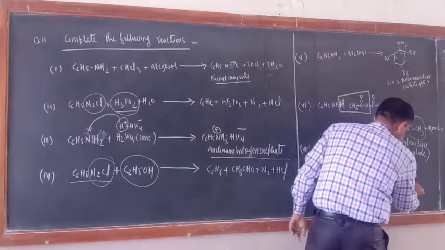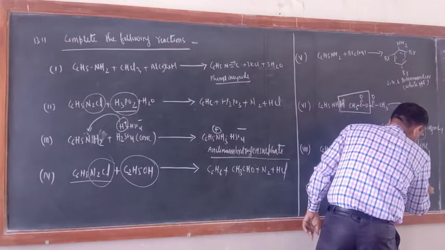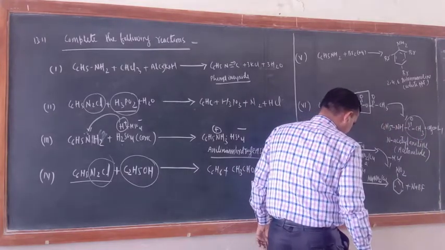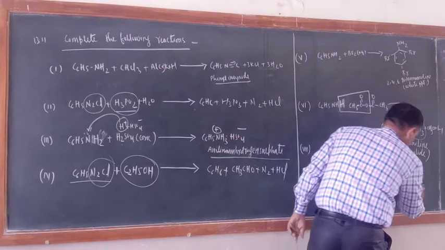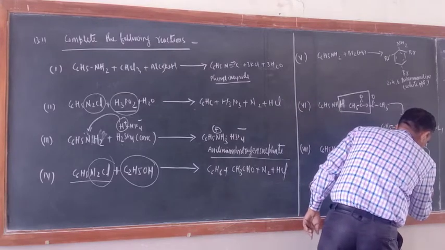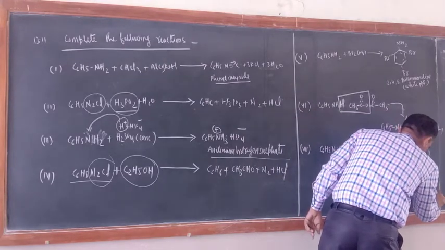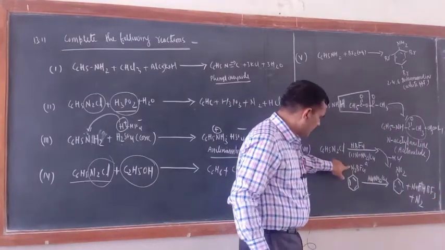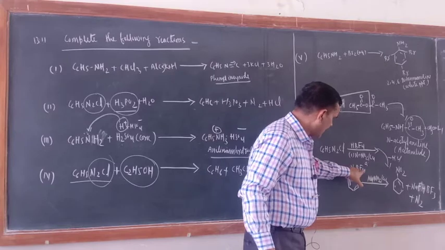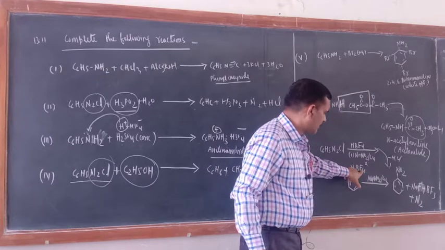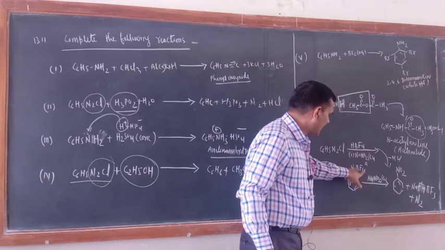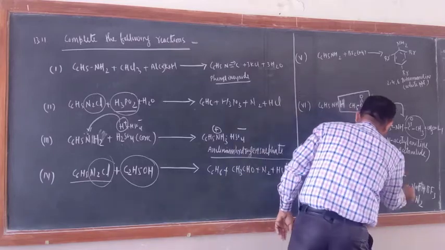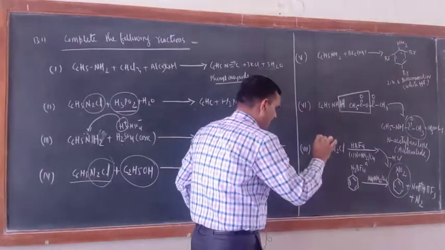Plus here NaF would be there, NaF plus BF3 plus N2. This N2, and one Na and one F, and BF3 will come out. And the product is this one. Now, but suppose now I am adding this one.